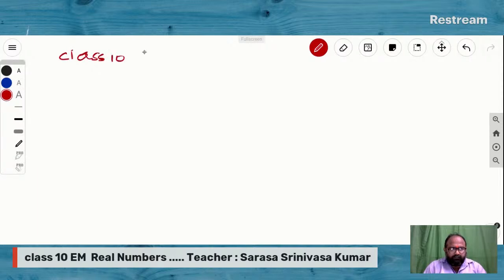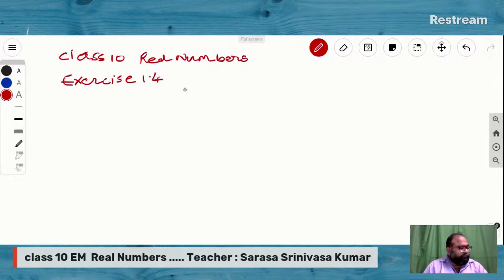Class 10, real numbers, exercise 1.4. Students, you can refer to page number 16.